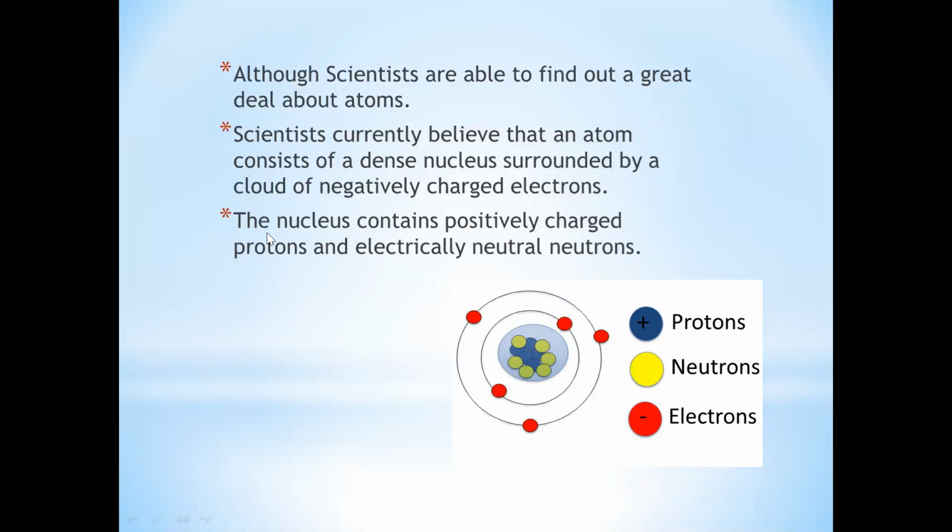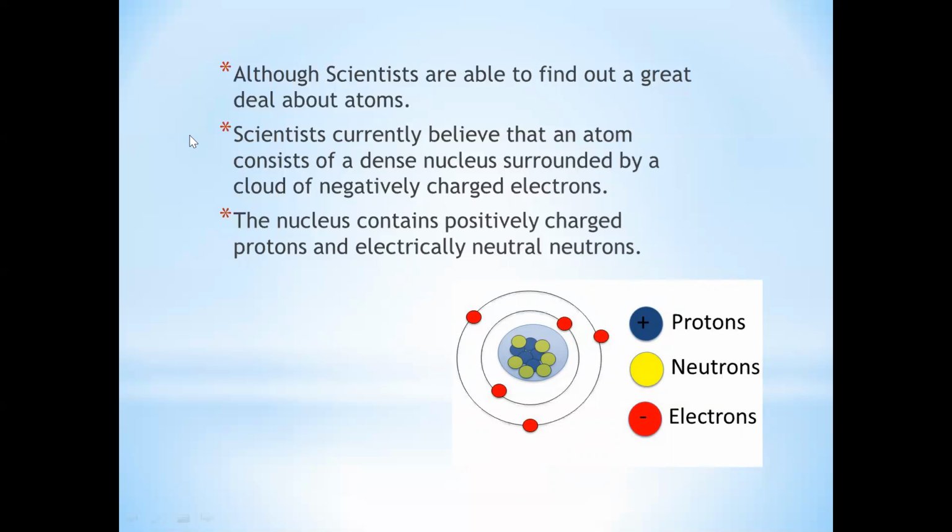So over here they say that the nucleus contains positively charged particles, meaning protons, and it is surrounded by negatively charged particles, which are the electrons. So both positive and negative charges cancel out each other, and electrically an atom becomes a neutral particle.